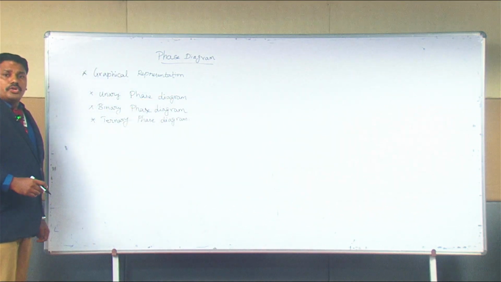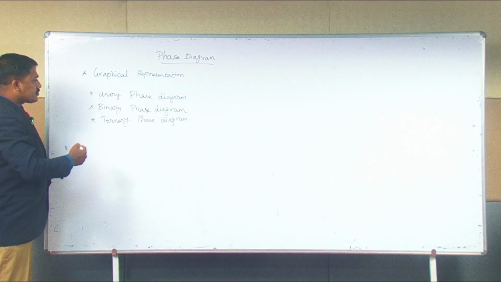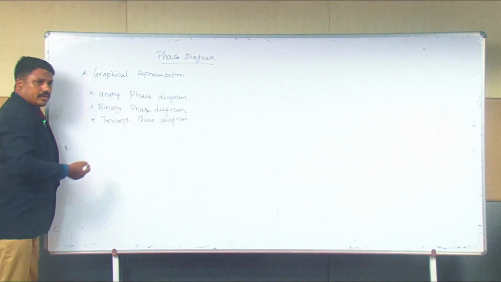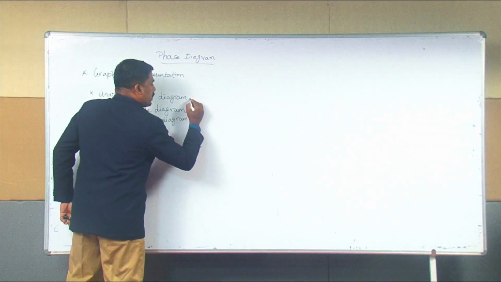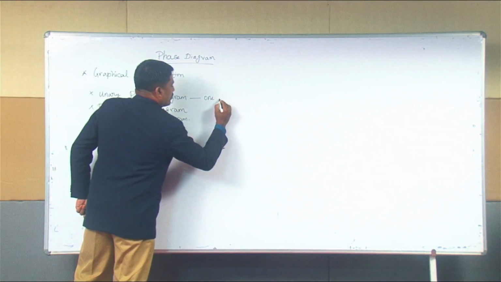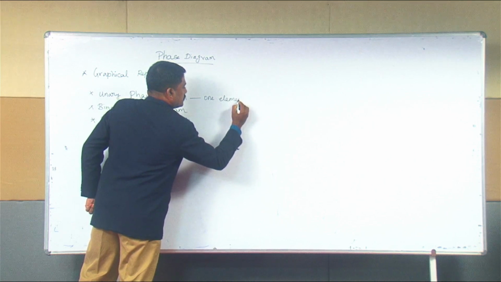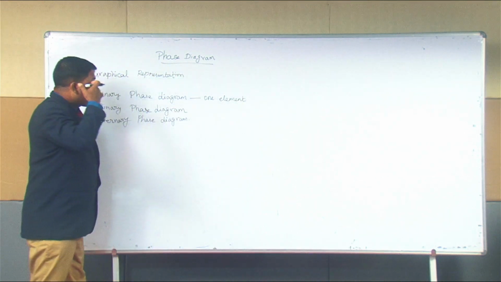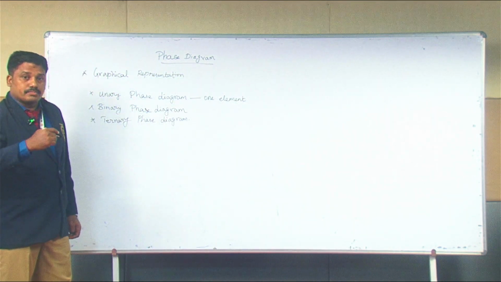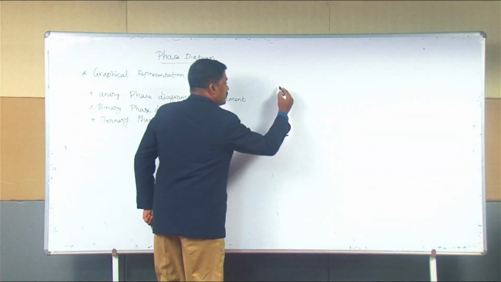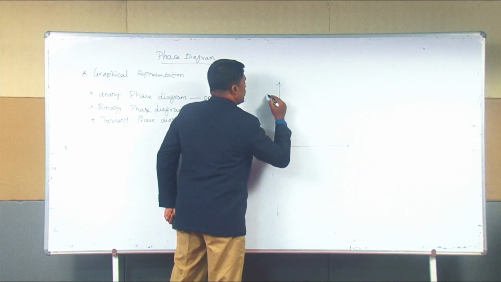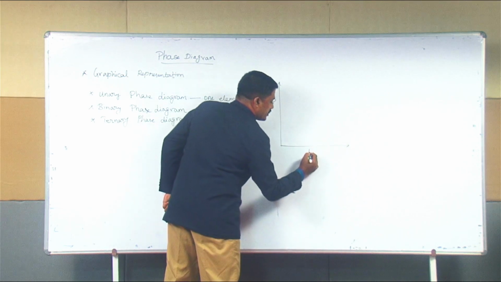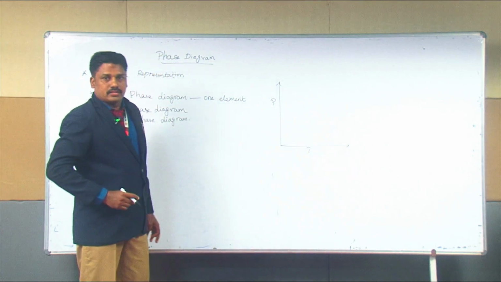In a unary phase diagram, it is a normal plot, and it contains only one component or one element. The unary phase diagram plots pressure against temperature. It's called a PT plot.